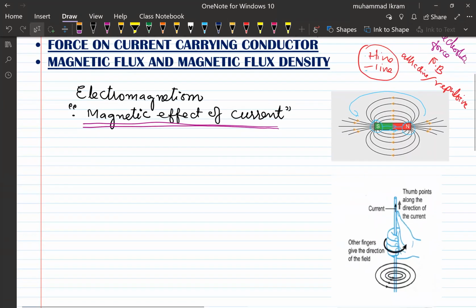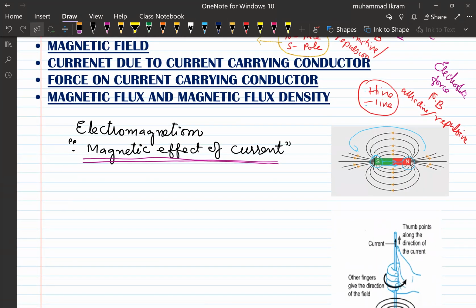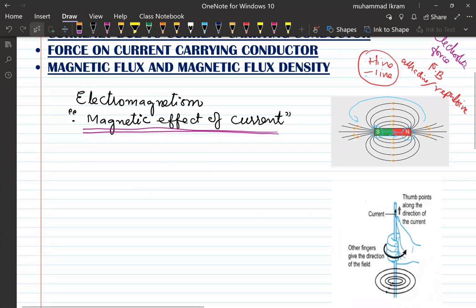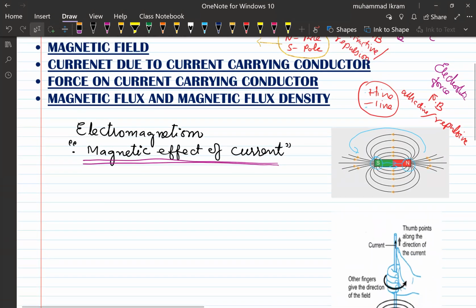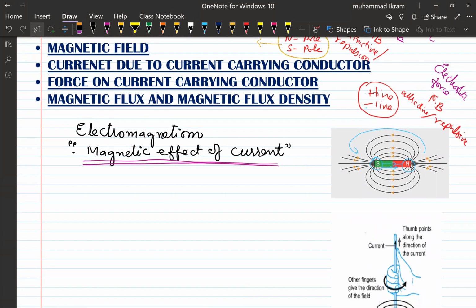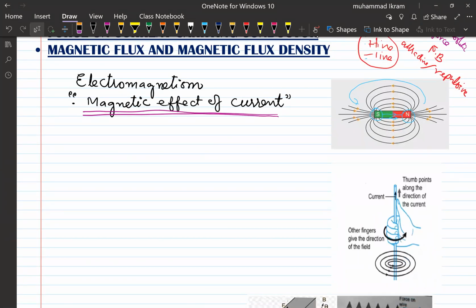And nature has something different for us. Oersted was proved wrong during his experiment, and a strange thing happened. There turned out to be a relationship between current and magnetism, and actually he was expecting to show no relationship. And that was the day when the magnetic effect of the current was discovered.